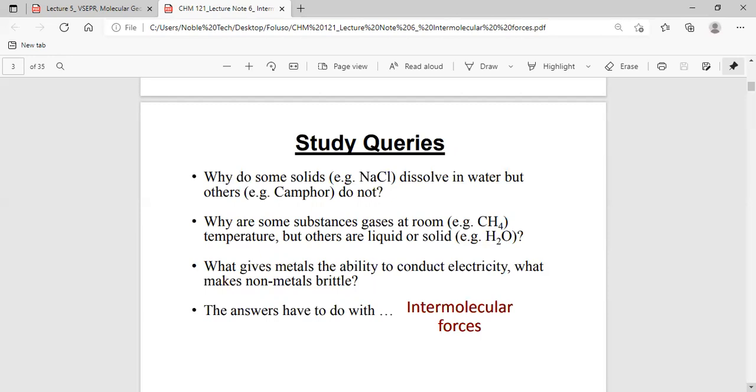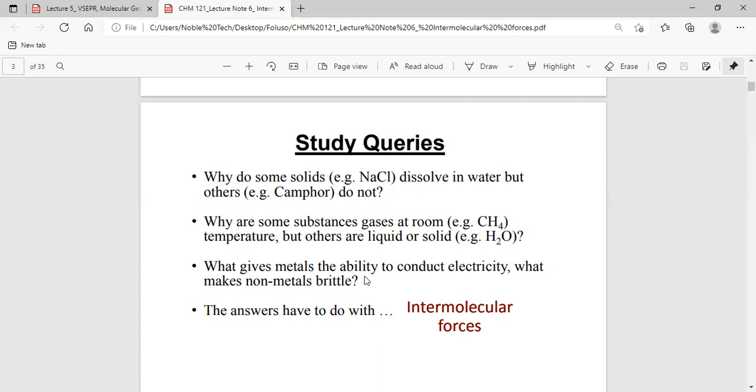Why are some substances gases and some substances liquid at room temperature? For instance, methane is a gas at room temperature, CO2 is a gas at room temperature, but water is a liquid at room temperature.